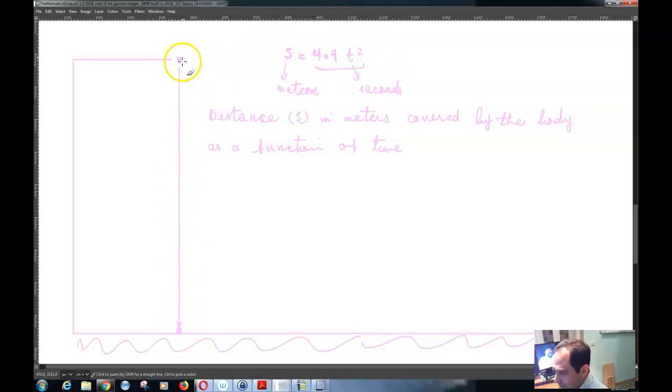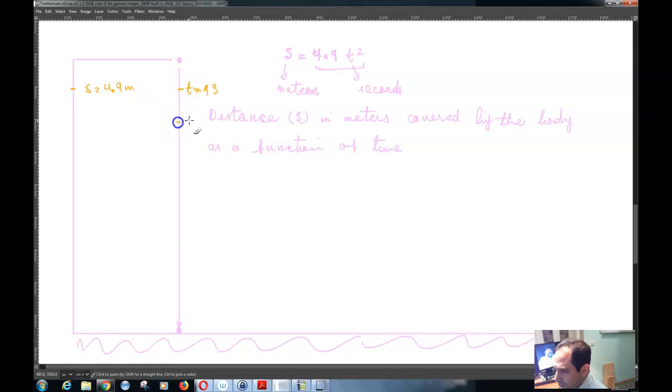For example, suppose that t is equal to 1 second. Then if t is equal to 1 second, then s is going to be equal to, for example, 4.9 meters.